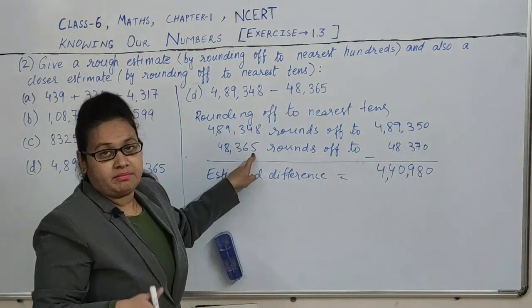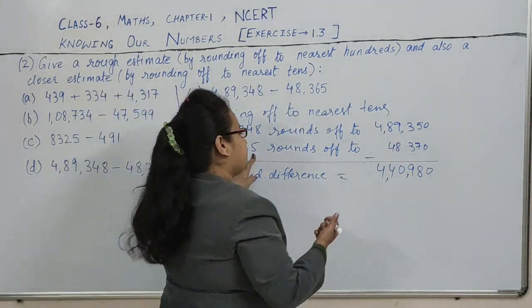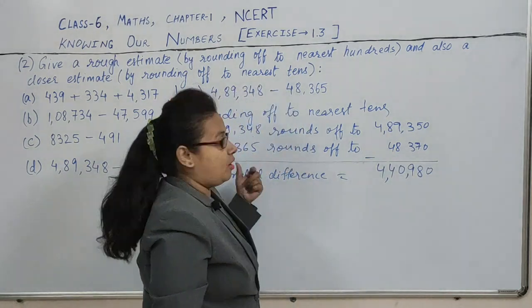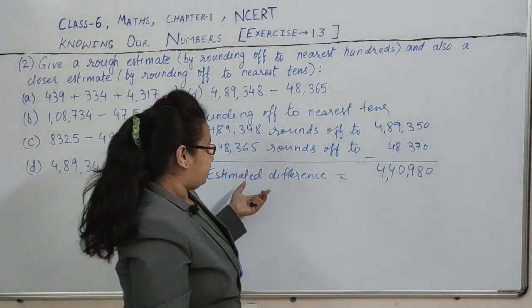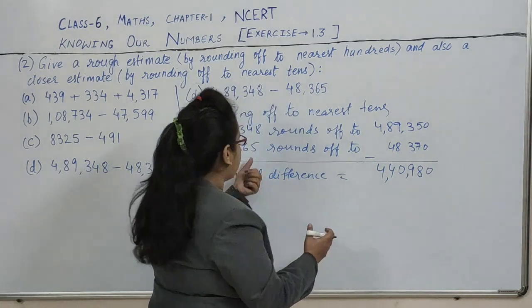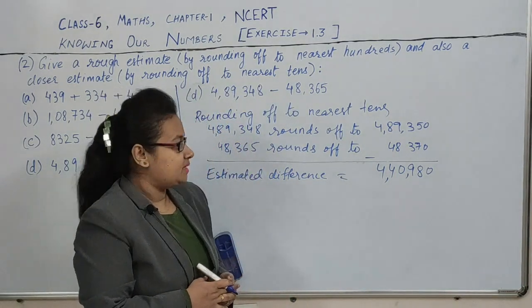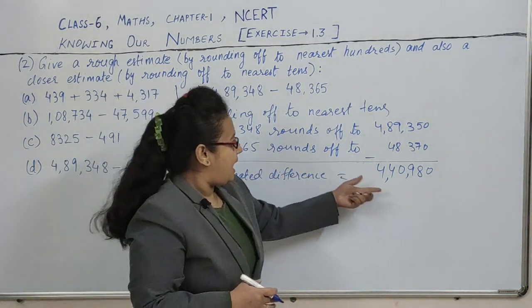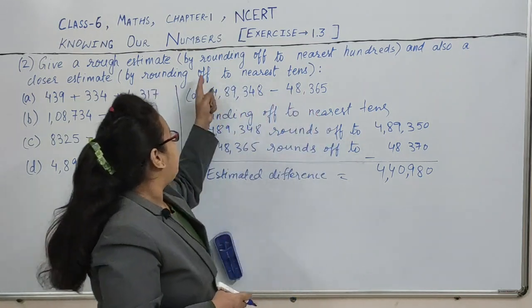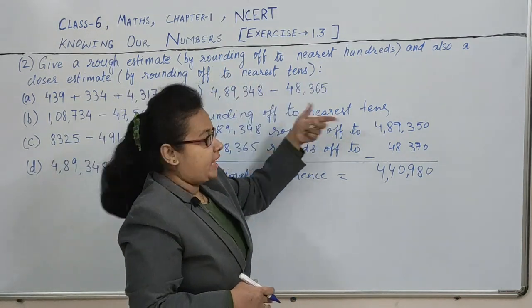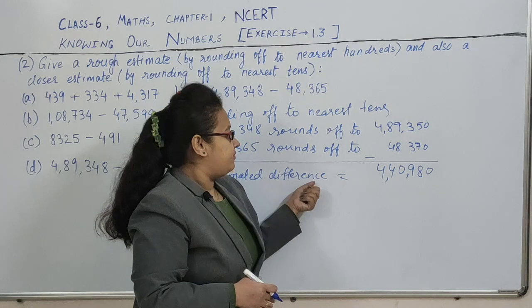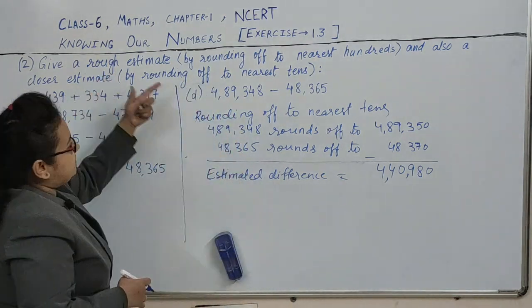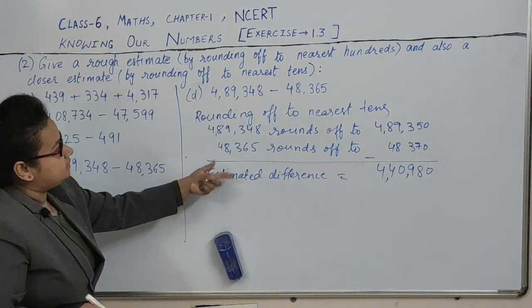Here too, the ones digit becomes 0. This is the rule. When we round off the number to the nearest hundreds, the ones and tens digits become 0. Okay, so this was the answer we found by rounding off to the nearest hundreds and also to the nearest tens, and we have seen the rough estimate of the difference of these two numbers.